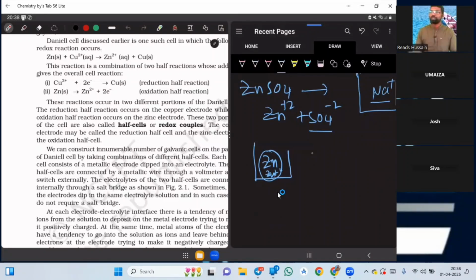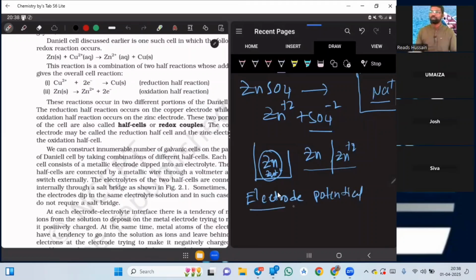So zinc metal atoms have a certain potential, and zinc ions have a certain potential. When these two are in contact with each other, there exists some potential difference. That potential difference is called electrode potential.